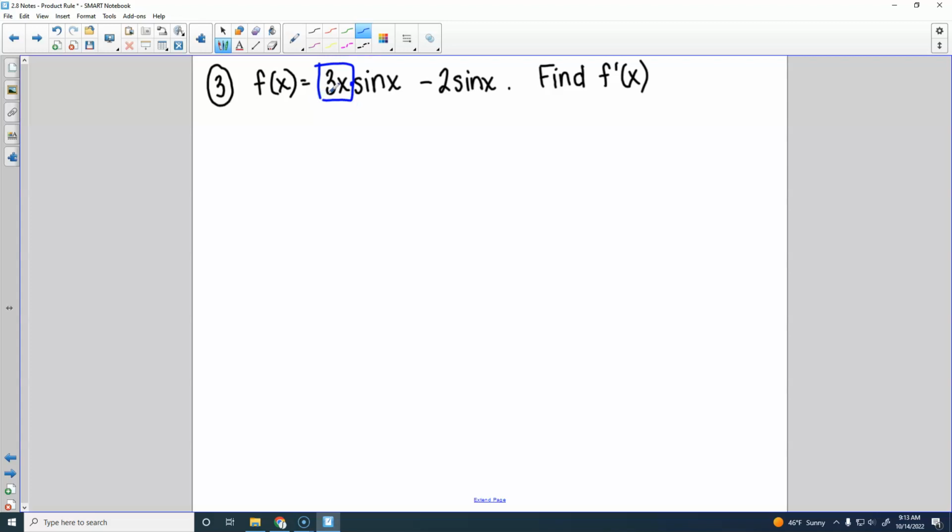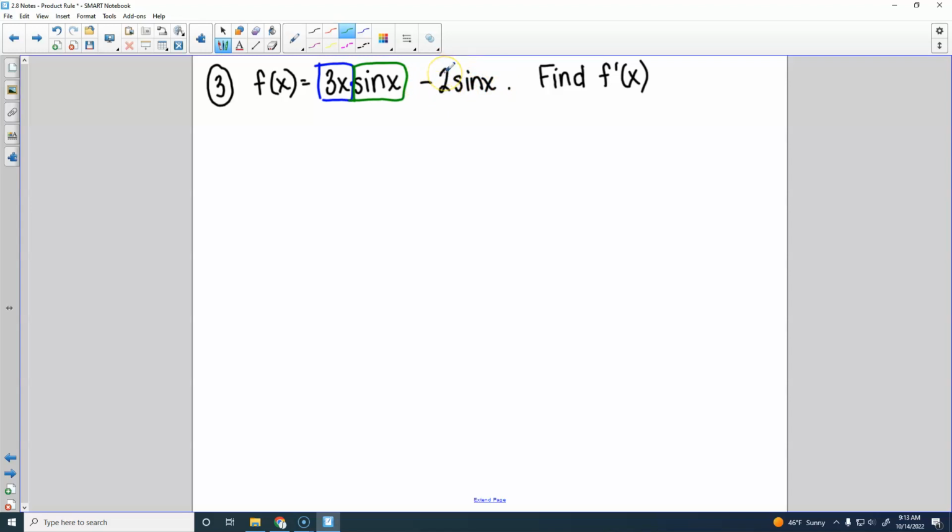It includes a variable. So you're going to have to use the product rule for 3x times sine x. However, over here, you've got 2 times sine x. This is not a problem that requires the product rule. Technically, you could use it. But you'd probably mess it up if you did.